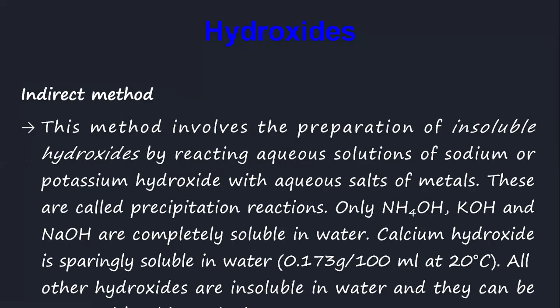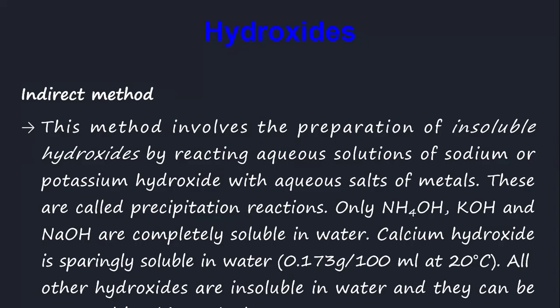The indirect method involves the preparation of the insoluble hydroxides by reacting aqueous solutions of sodium or potassium hydroxide with the aqueous salts of metals. These are called precipitation reactions. Only ammonium hydroxide, potassium hydroxide, and sodium hydroxide are completely soluble in water.